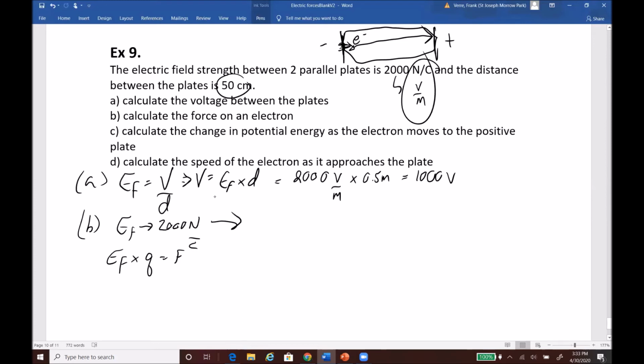So the force would be the electric field, 2,000 newtons per coulomb, times the charge of the electron, which we know is 1.6 times 10 to the negative 19 coulombs. You can see that the coulombs cancel out, and that would give you a force of about 3.2 times 10 to the minus 16 newtons.